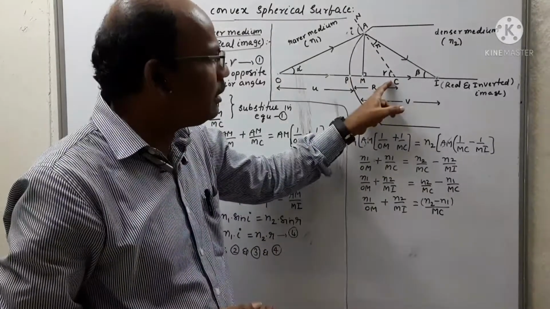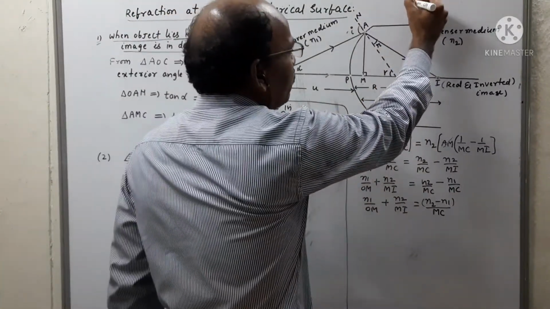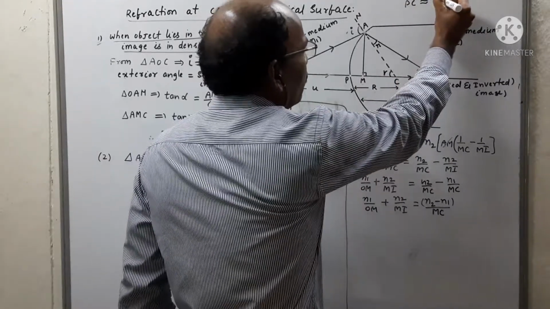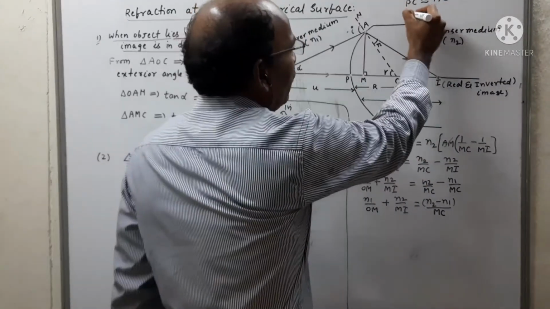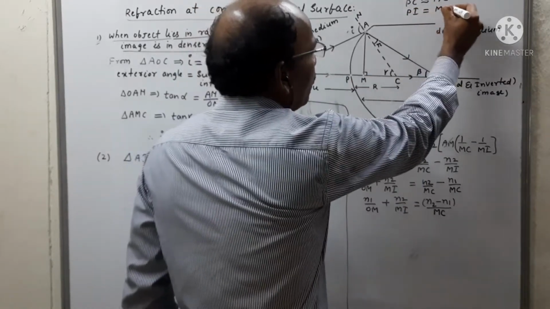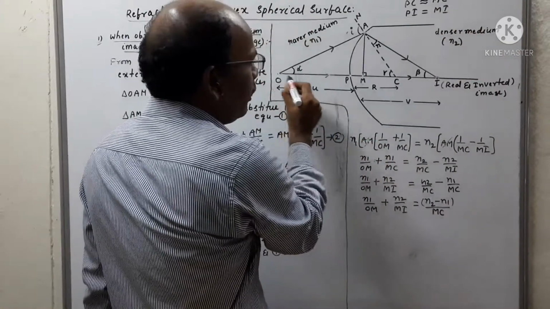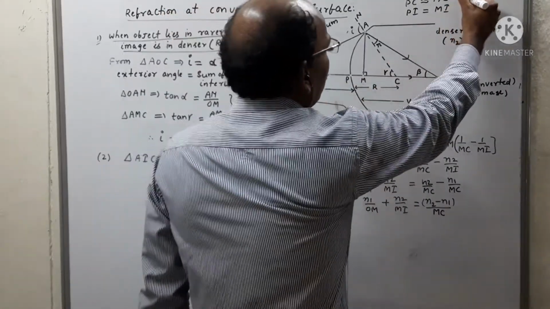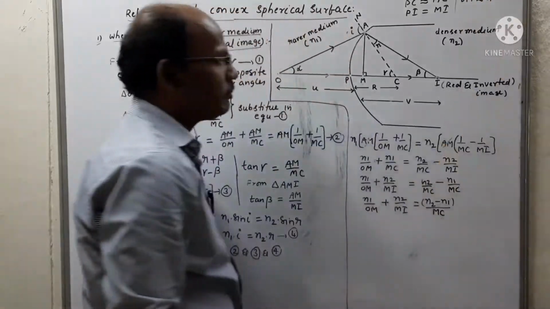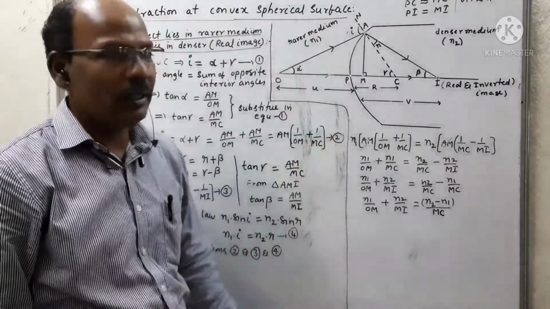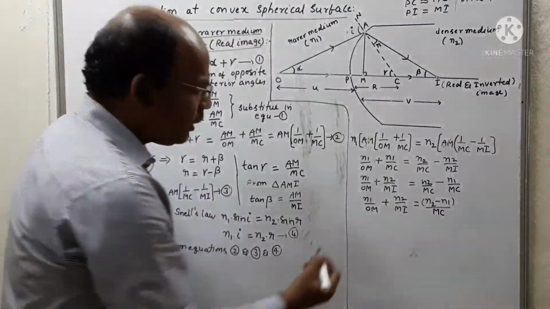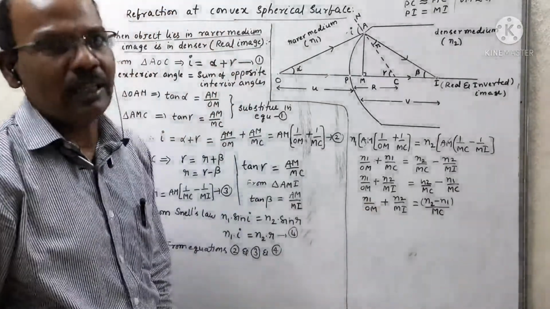So PC is nearly equal to MC, and PI is equal to MI. Similarly, OP or OM, so OM is equal to OP.